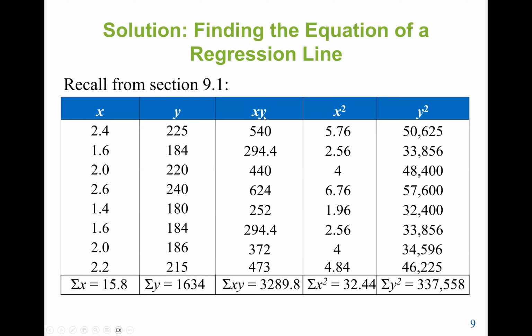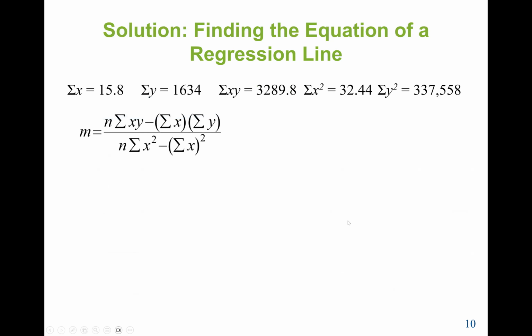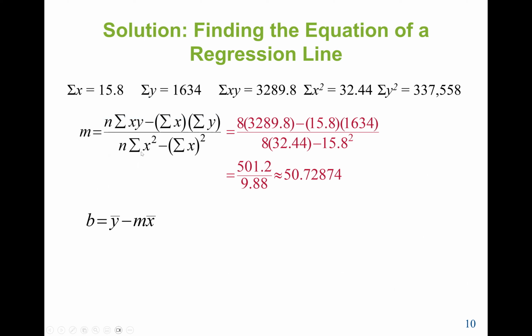So here we find the product of x and y, then later we sum everything. The sum of xy is given. We also need the sum of x and the sum of y for our formula, and we find the x squared, the sum of x squared, and the y squared individually, and the sum of y squared. Now we can plug the values into our formula.